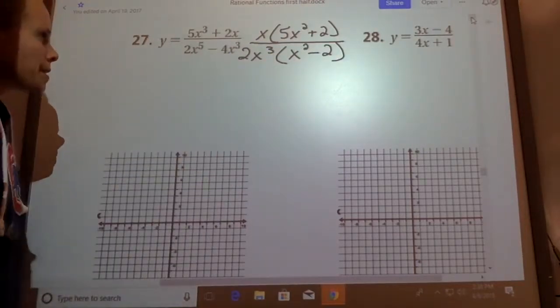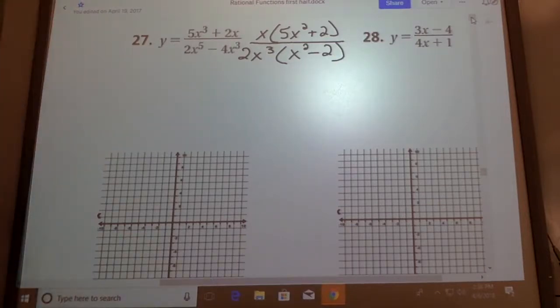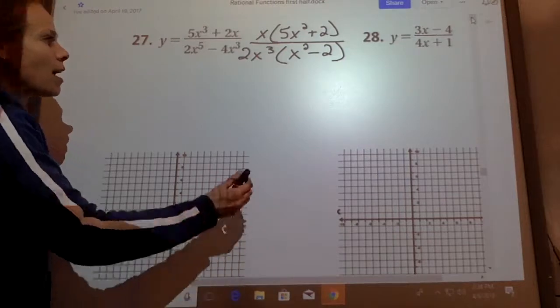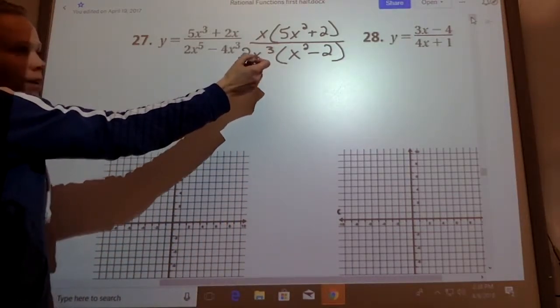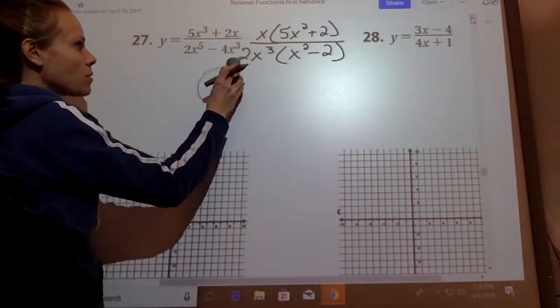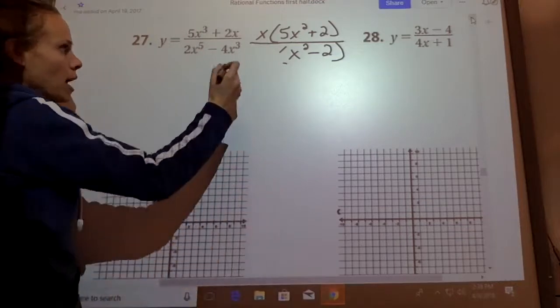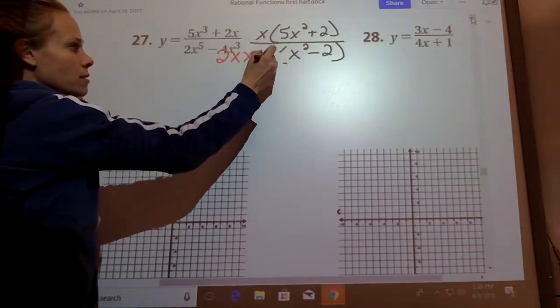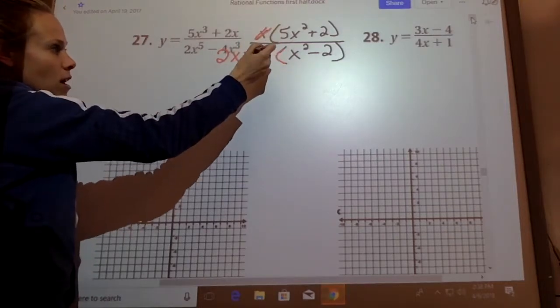So let's start looking at stuff. You should notice when you factored these, something cancels out. Something creates a hole. I can cross off one of these x's. If I wrote out the 2x cubed, I would have 2 and 3 x's. This x is going to cancel with this x.